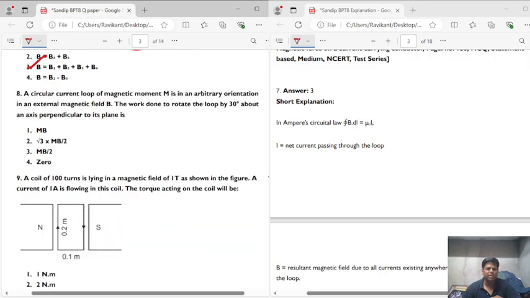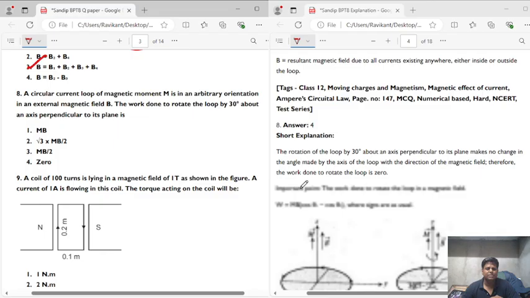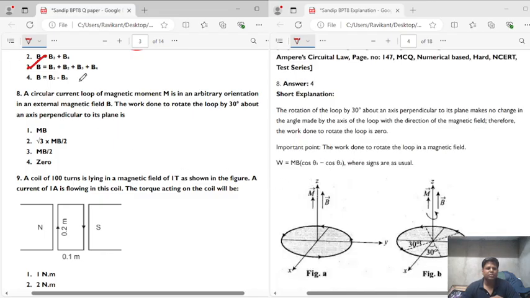Question number 8 says that a circular current loop of magnetic moment M is in an arbitrary orientation in an external magnetic field B. The work done to rotate the loop by 30 degrees about an axis perpendicular to the plane is.